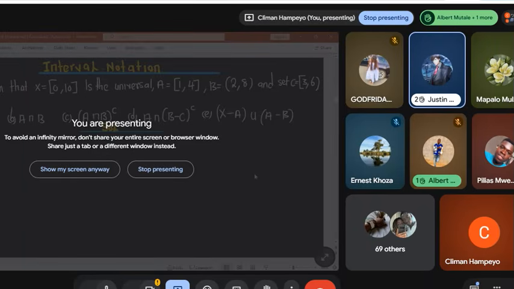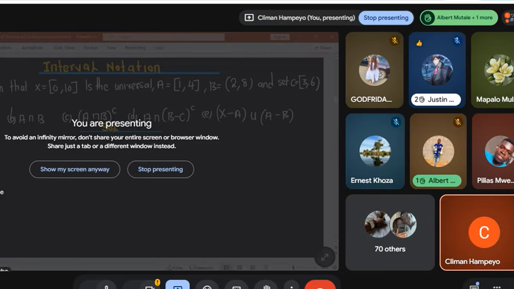Find A complement, B complement, then A intersection B, then question C says open brackets A intersection B complement. Thank you so much for the good reading.